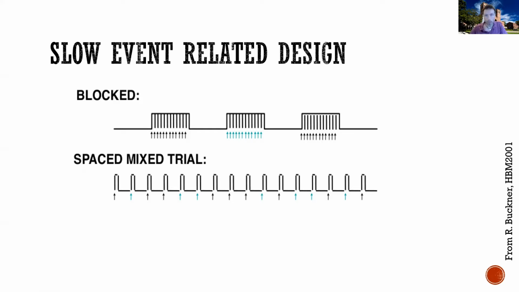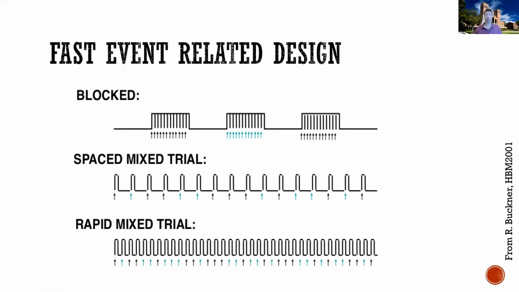And that's why people slowly started converging towards rapid mixed trials, also known as fast event-related designs. The difference between the spaced or slow event-related design and the rapid mixed trial or fast event-related design is that you simply don't wait for the hemodynamic response to come back to baseline before you hit it with a new trial.